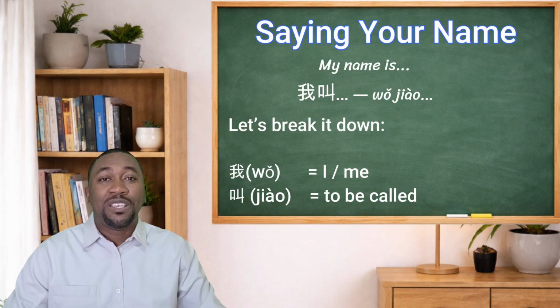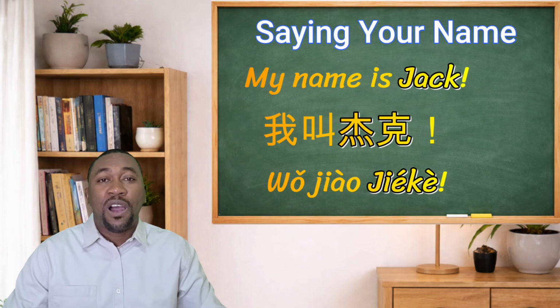So for example, if my name is Jack, I say 我叫杰克. My name is Jack. Or literally, I am called Jack.